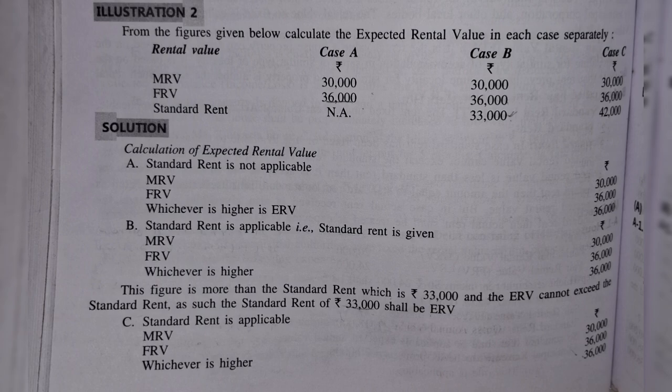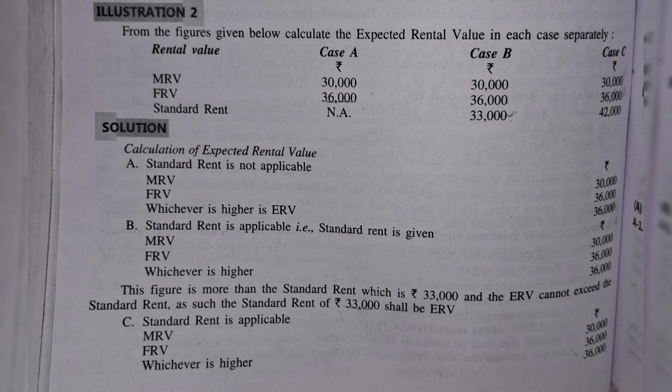In case C, MRV and FRV are the same, which means we will take 36,000 as expected rental value, and there is standard rent given of amount 42,000. When we look at case C, the expected rental value is 36,000, and when we compare it with standard rent, which is 42,000, standard rent is of greater value than expected rental value.